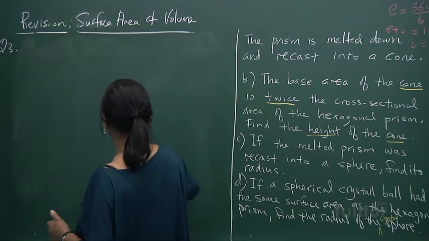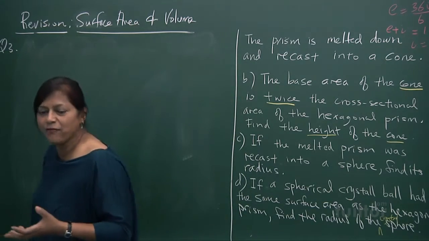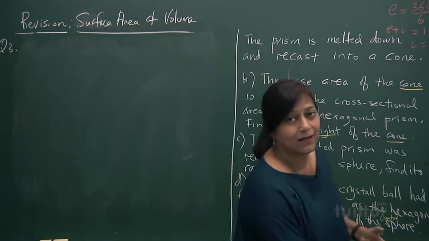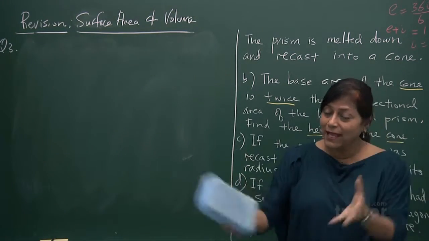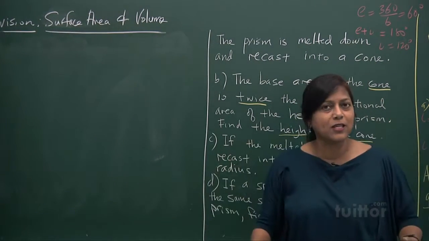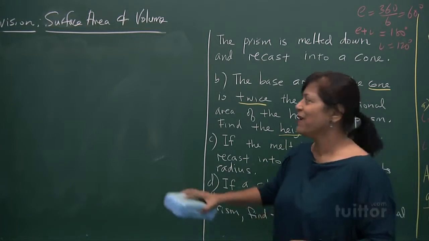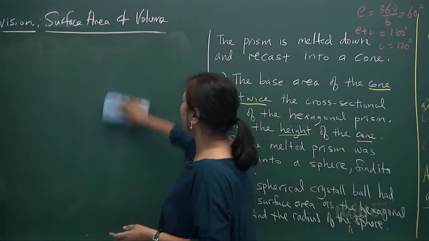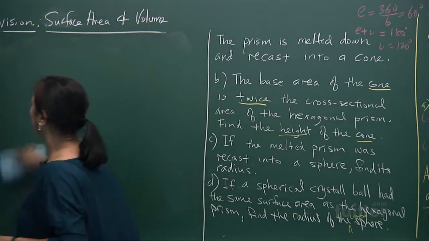When you melt the prism, the volume of the hexagonal prism, you change it into the cone. And those two volumes are the same. All right, take note of that. So having that inside knowledge, we're now going to apply it.